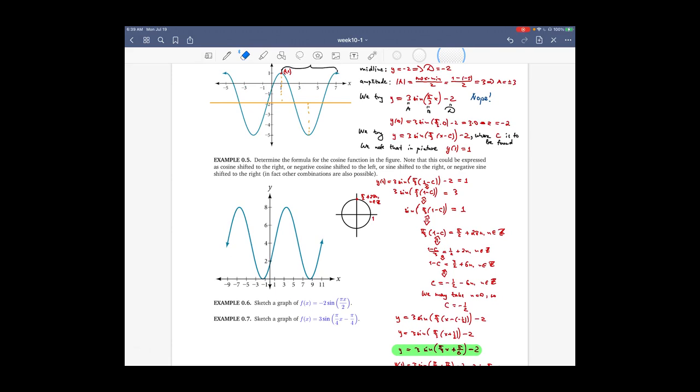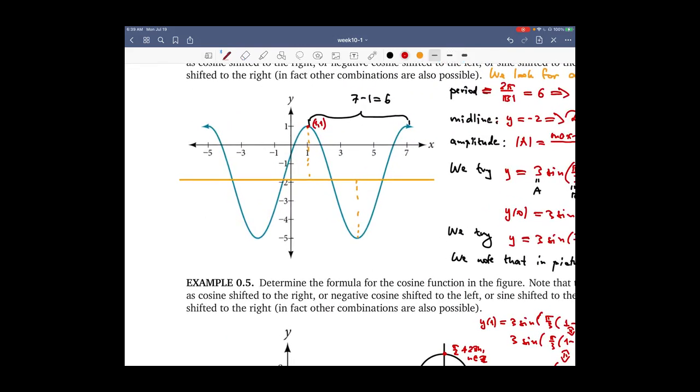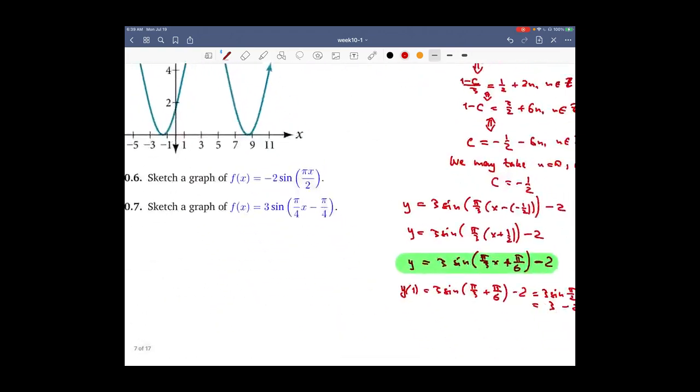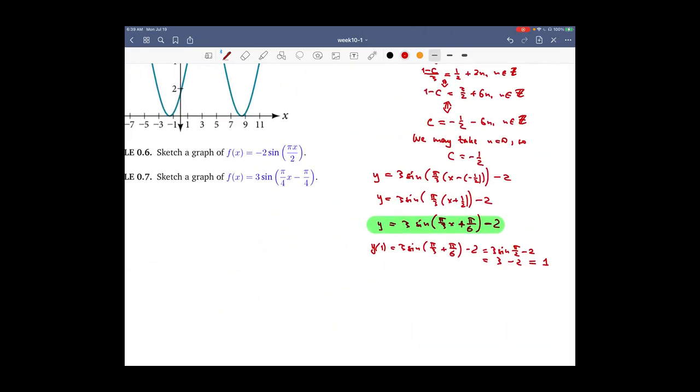I would also check the point negative 2, where we seem to have a minimum value. So let's check that. y at -2 is 3 sine(pi over 3 times -2 plus pi over 6) minus 2.